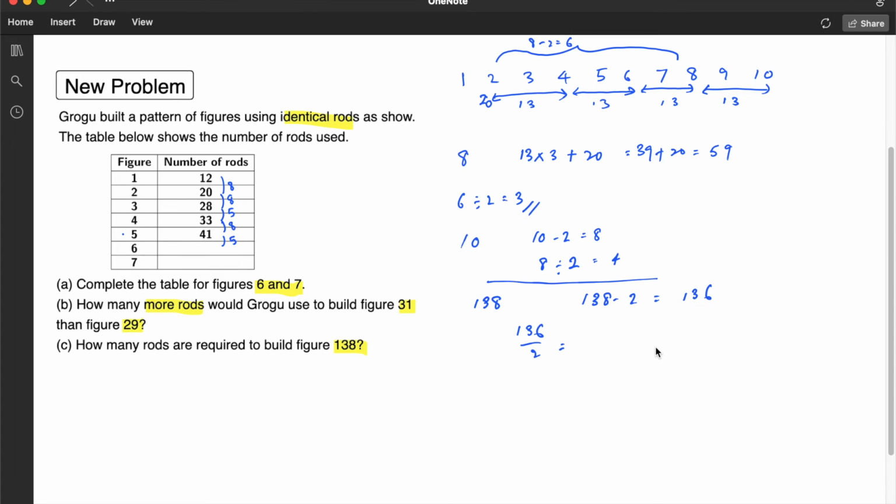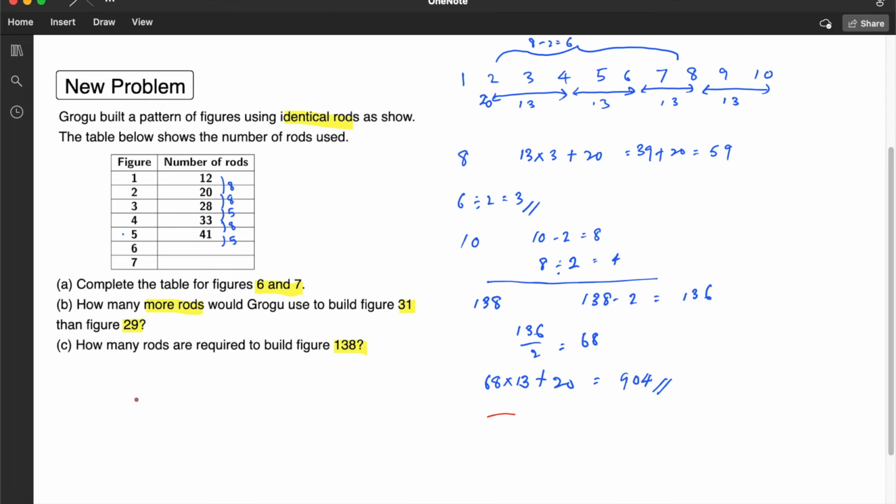So of course this is 68. Then what will be the number of rods? It will be 68 multiplied by 13, because each interval is 13, and then we have to plus 20 for figure 2. If you were to calculate these, I believe you're going to get 904.